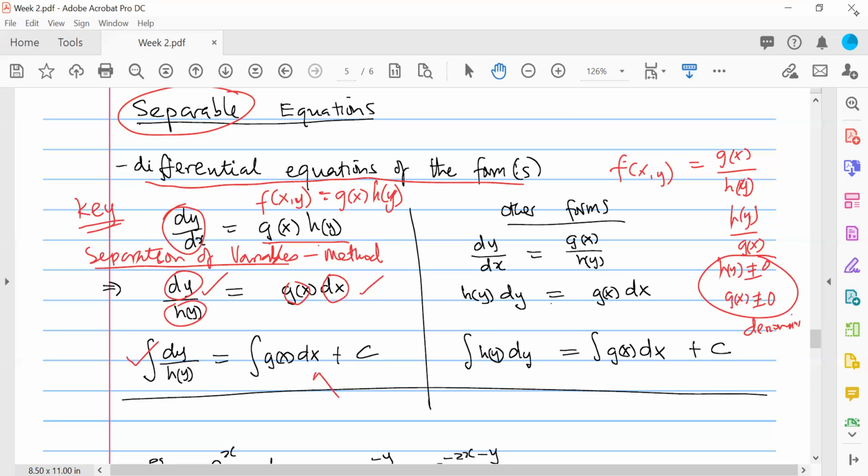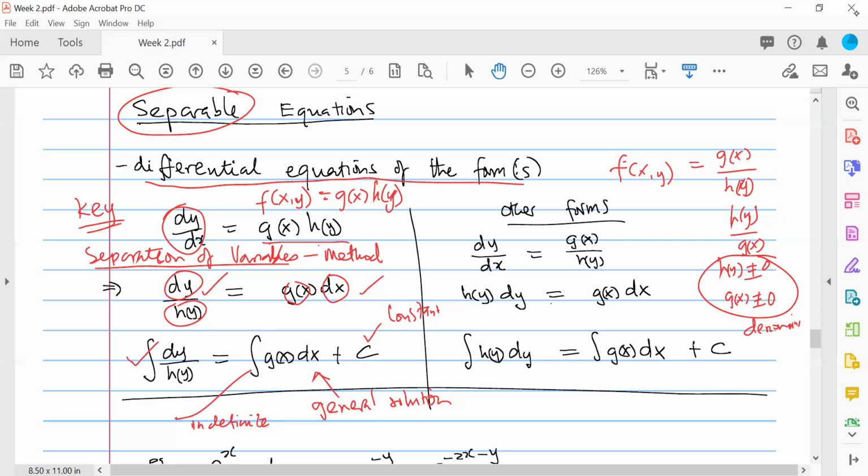This is what we call the general solution of the equation. And of course, this is the constant of integration, not to be forgotten. This type of integration is called indefinite integration, because we do not specify the limits of integration here.